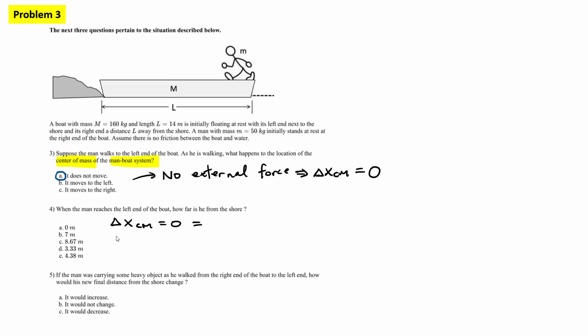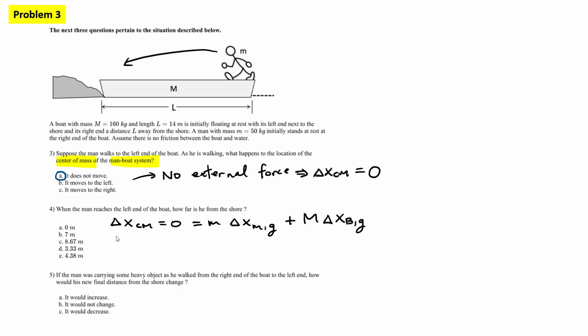And that displacement must be the mass of the man multiplied by his displacement, which I'm going to call the displacement of the man relative to the ground, plus the mass of the boat multiplied by the displacement of the boat relative to the ground. Now, one thing we have to remember here is that when he walks in this direction, he is actually walking relative to the boat, okay? The boat is actually going to be moving back.